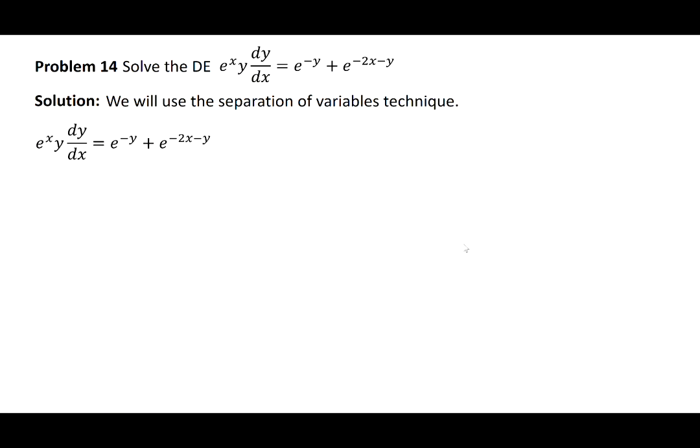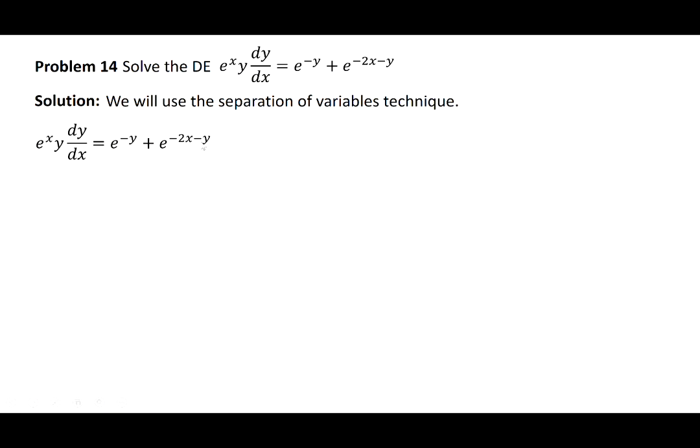Okay? All right. Now, this is what we have. On the right-hand side, can I factor out an e to the -y? Factor out? What do you mean by factor out, and how can you do that? Wait a minute. Is this in the form of a to the m plus n?